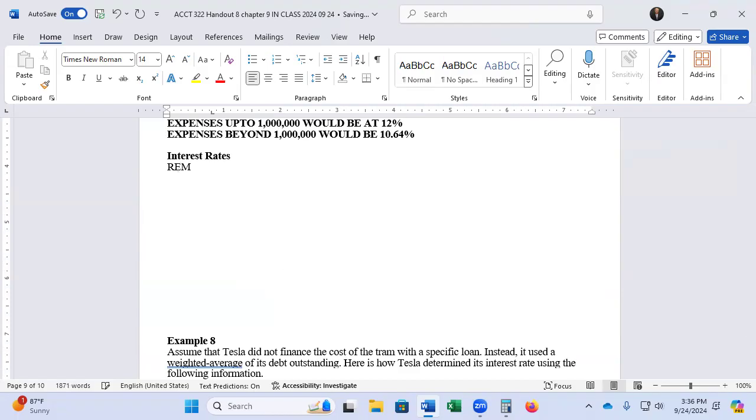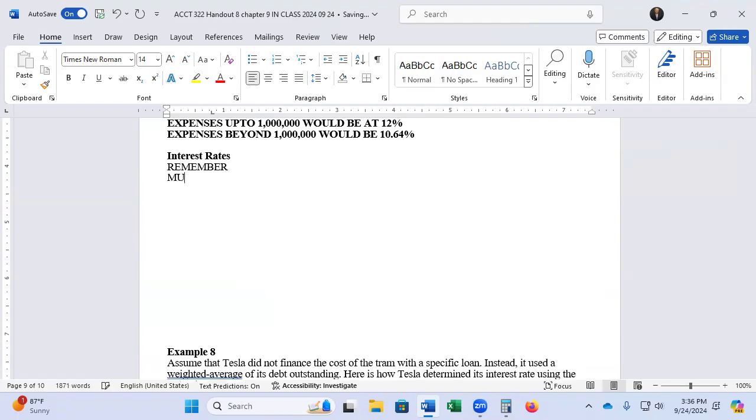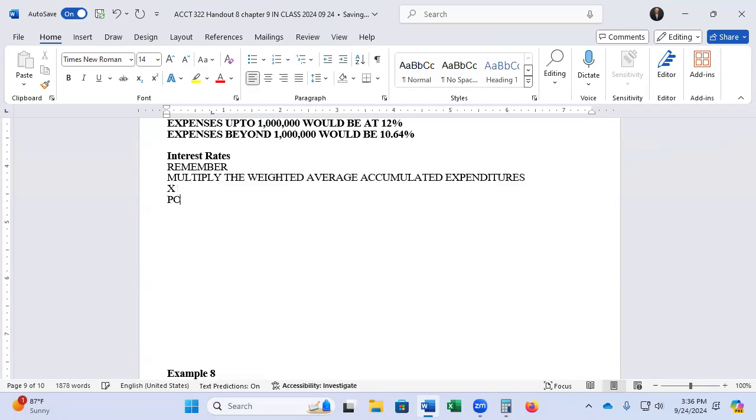Okay, for interest rates, remember, multiply the weighted average accumulated expenditures by the portion of the weighted average accumulated expenditures less than or equal to specifically borrowed for construction.